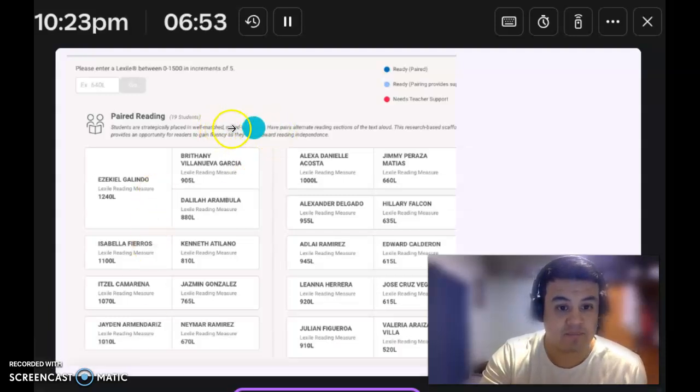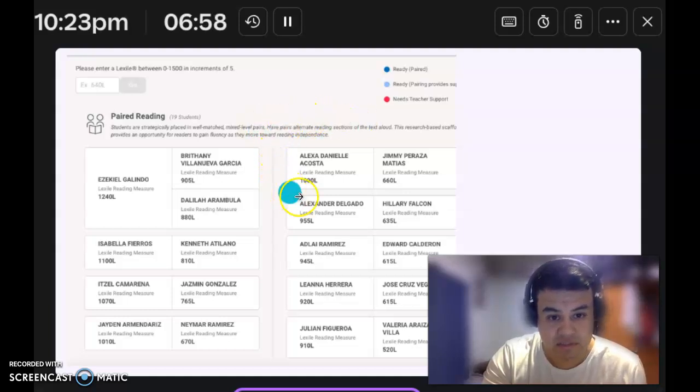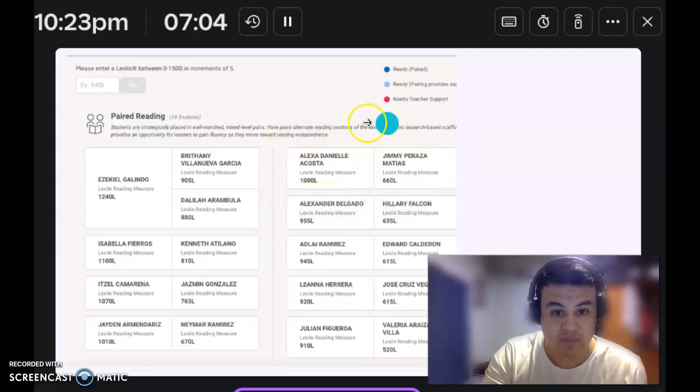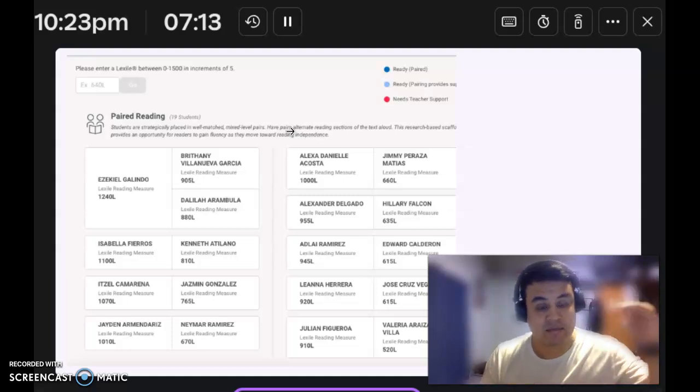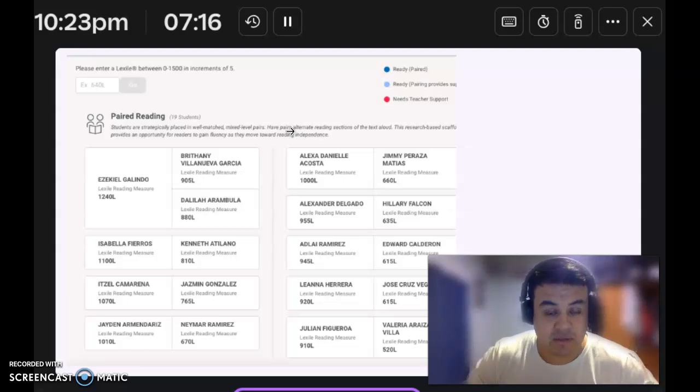If you're looking here, you notice that the system pairs one high student with one low student. That pairing is done to help students when they read aloud text, so that the high level student can support the low level student.